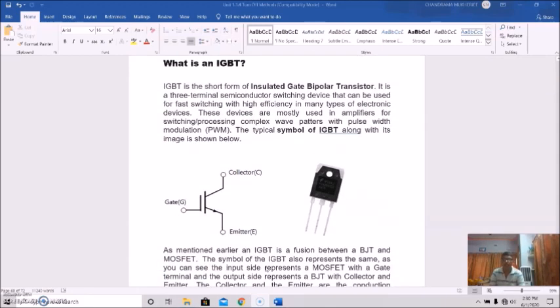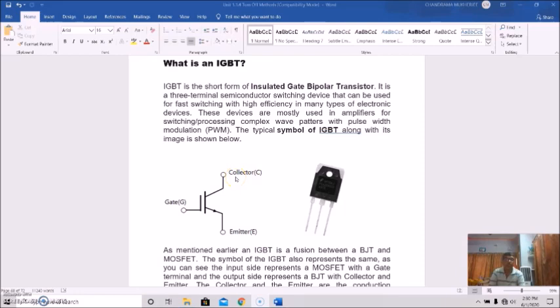So now to the point of what is an IGBT. It's the short form of insulated gate bipolar transistor. It's a three-terminal switching device that can be used for fast switching with high efficiency in many types of electronic devices.